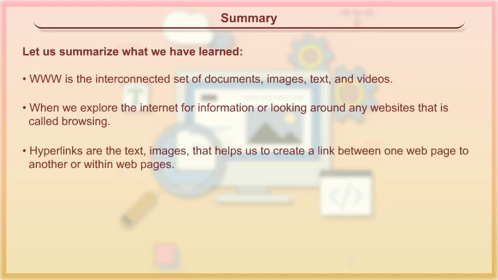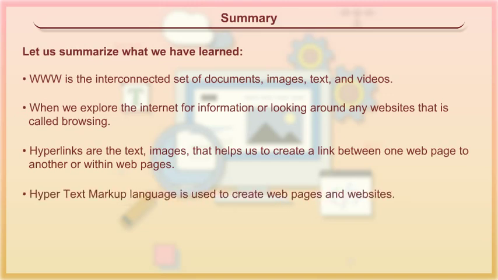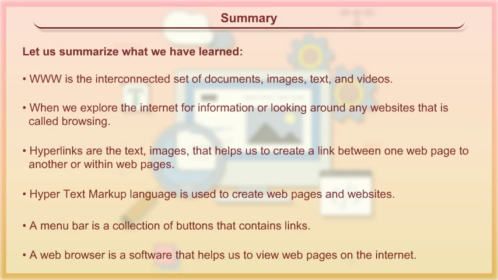Hyperlinks are the text and images that help us to create a link from one web page to another or within web pages. Hypertext markup language is used to create web pages and websites. A menu bar is a collection of buttons that contains links. A web browser is software that helps us to view web pages on the internet.